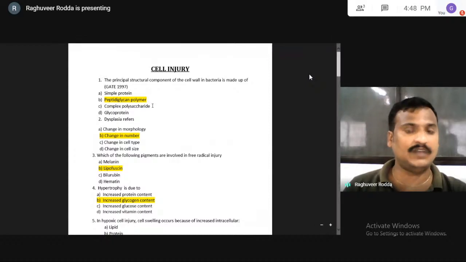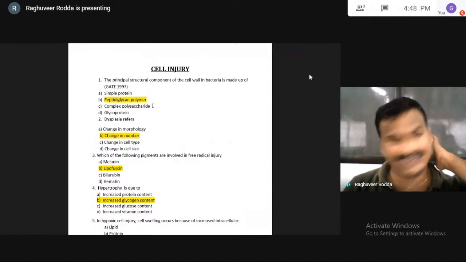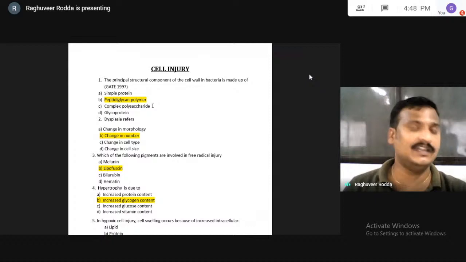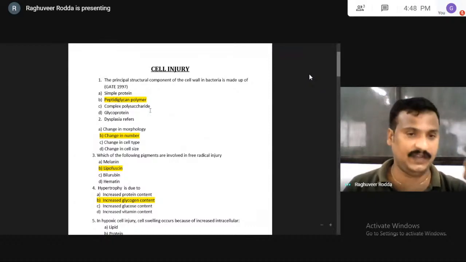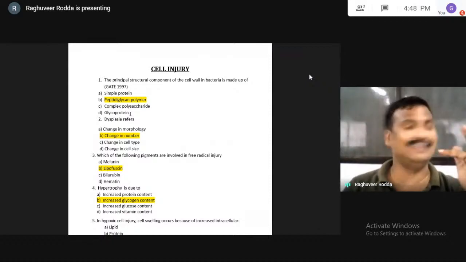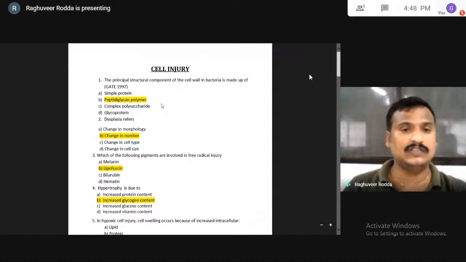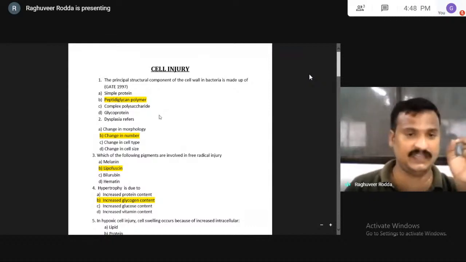Complex polysaccharides do not make the bacteria more rigid against the defense conditions in the human body. And glycoproteins are present in the bacterial membrane as well as in the human membrane; they have some transportation activities. So peptidoglycans are the very important feature of the bacterial cell wall.